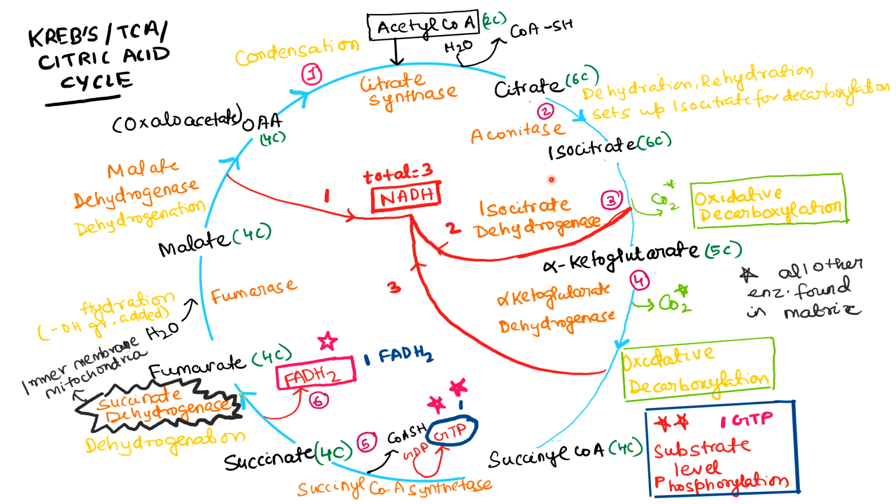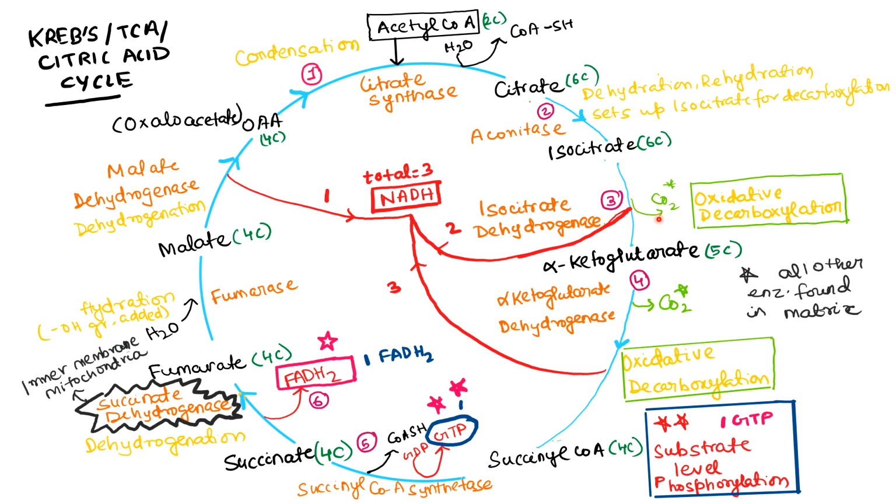So this step of oxidative decarboxylation takes place when isocitrate gets converted into the 5-carbon compound alpha ketoglutarate in step number 3. In step number 3, there is an oxidation of the isocitrate first, and the OH group is oxidized.